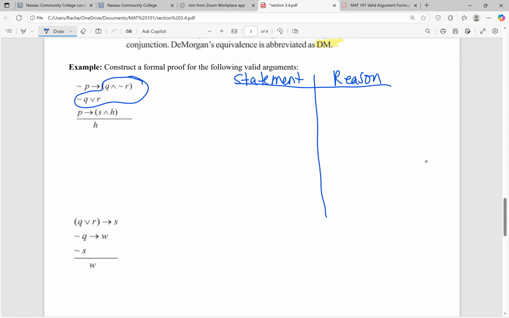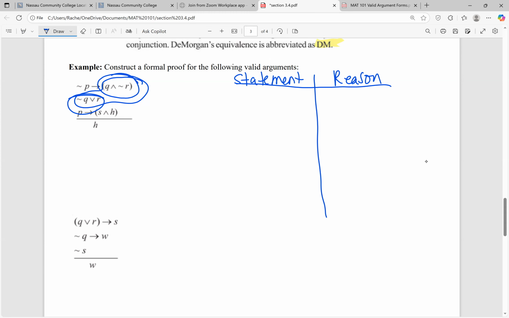The right-hand side of that conditional in the first premise is Q and not R. But then the second premise is not Q or R. So that to me is the negation. So this second premise right here is the negation of the right-hand side of that first premise.